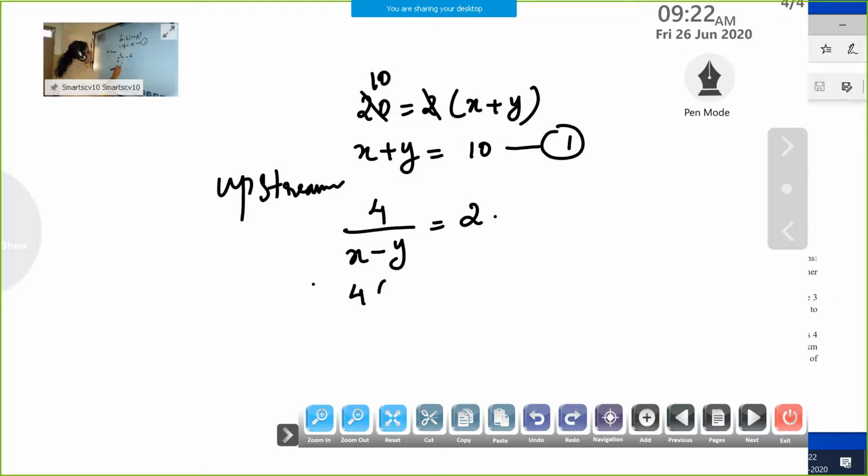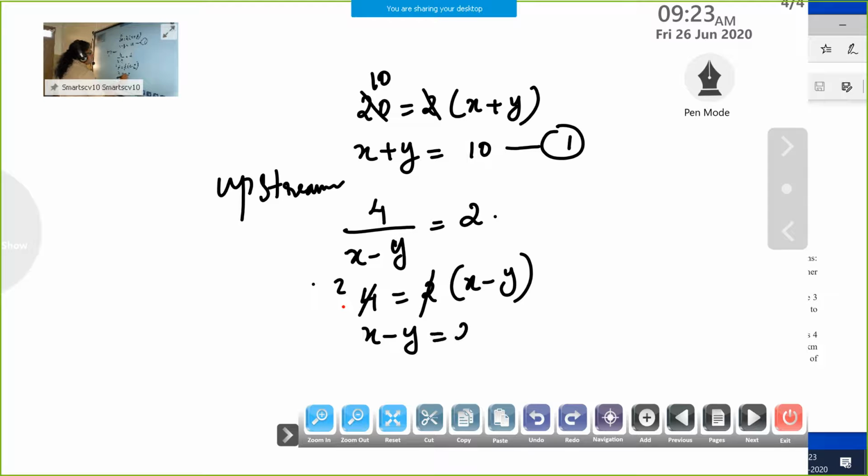That is, 4 is equal to 2 into x minus y. Dividing by 2, x minus y is equal to 2. Our second equation is x minus y is equal to 2. This is our equation number 2.